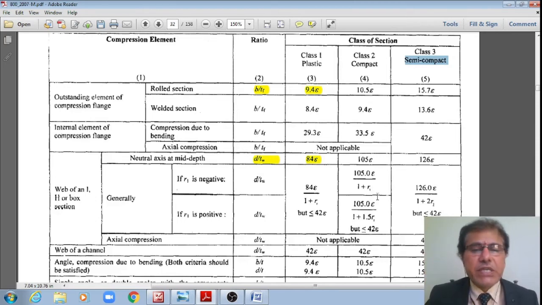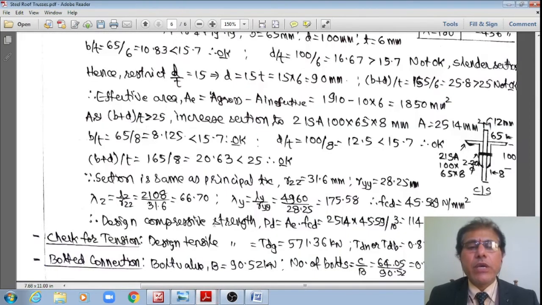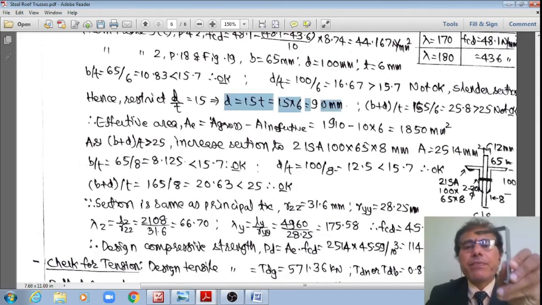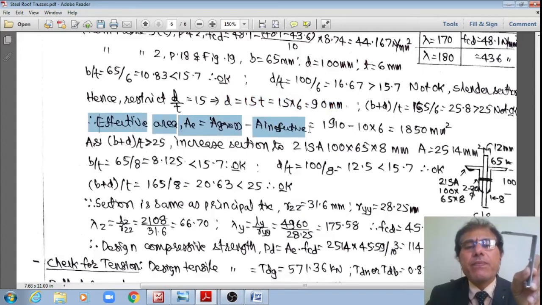Then you can choose another section as appropriate. However, what I'll do now is I'll try to continue with the same section, but I'll try to reduce the area. Hence, I'm not changing the section. Therefore, I'm assuming that instead of that 100 mm, only 90 mm is effective. Therefore, what is the effective area?